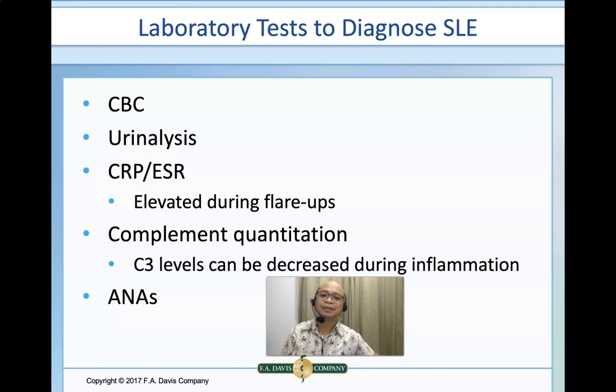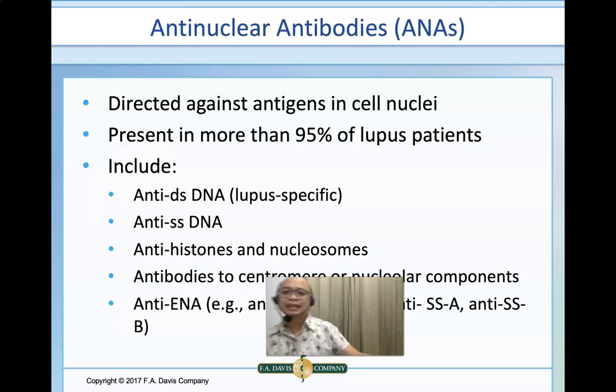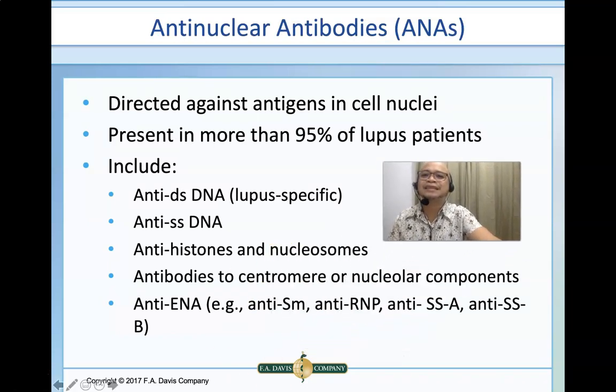And of course, the most common way of evaluating whether SLE is present is by means of ANA or anti-nuclear antibodies. Anti-nuclear antibodies are antibodies directed against antigens in cell nuclei.